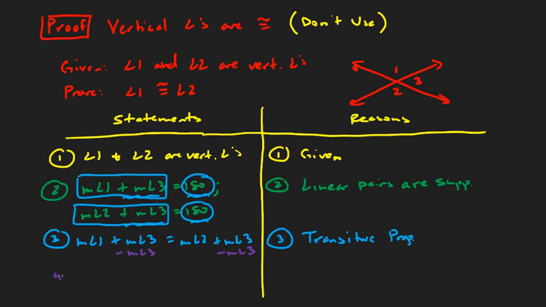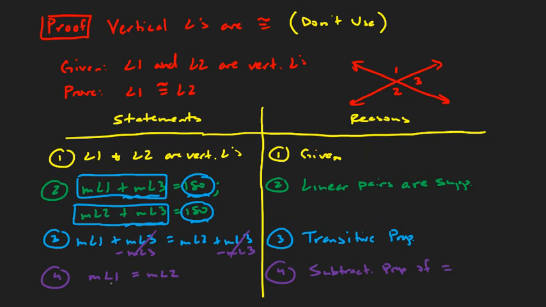And we are left with what statement 4 is going to be. The measure of angle 1 equals the measure of angle 2. The 3's go away. What did we do on both sides? We just did some subtraction. This is called the subtraction property. And again, it's of equality, but I'm not going to split hairs.